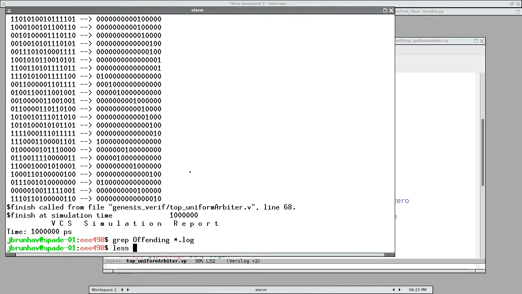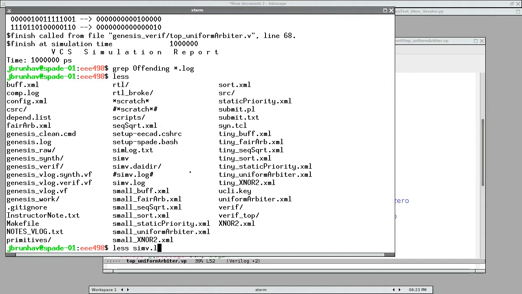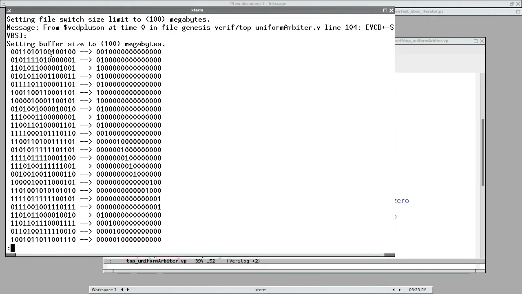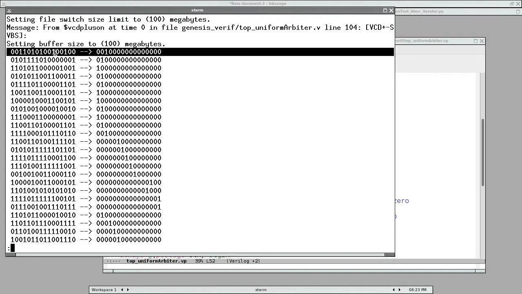I'm just going to take a tighter look at the log. So the third bit. So if the third bit was 1 and then that 1, then the new highest priority should be the next bit over.